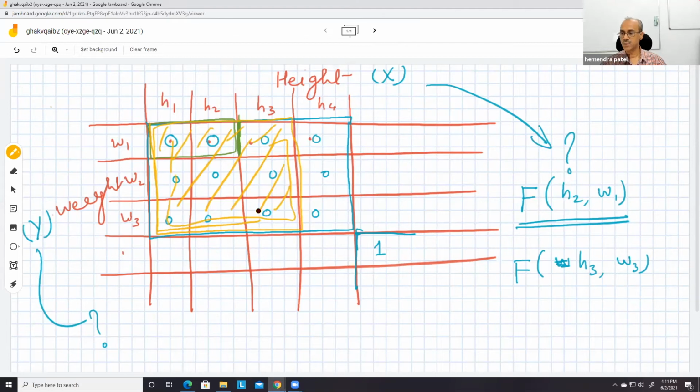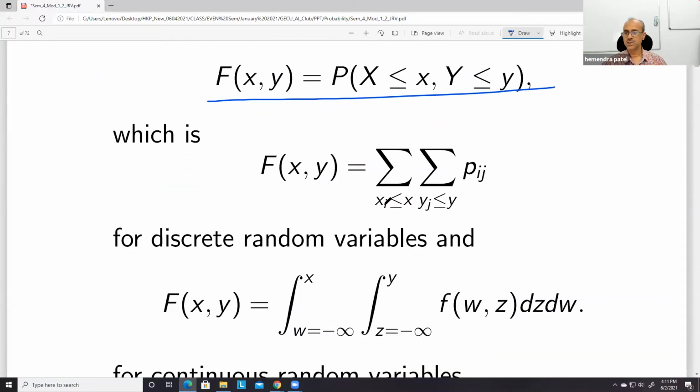So like this, we can find the cumulative distribution function. So this is the sum over xi less than or equal to x and yj less than or equal to y, and add them.